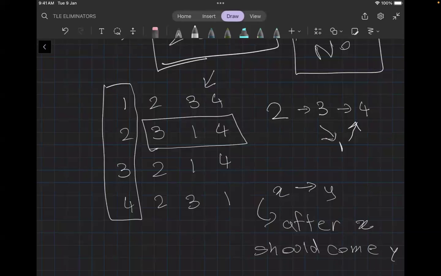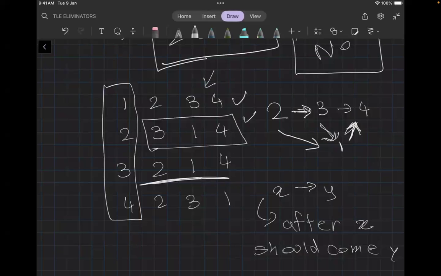This is a directed arrow. Okay, it does not go the other way. Okay, we process this. Now this. After 2 should come 1, and after 1 should come 4. Okay. After 2 should come 3, and after 3 should come 1.